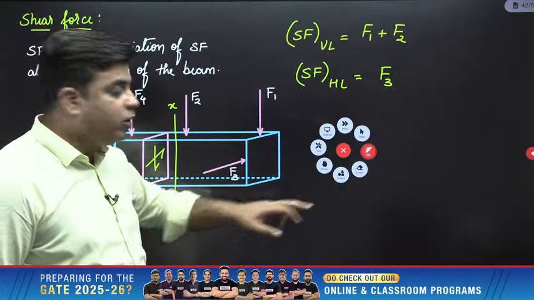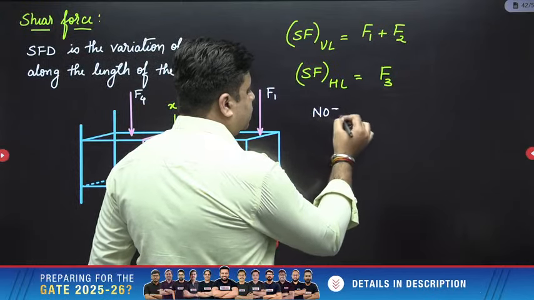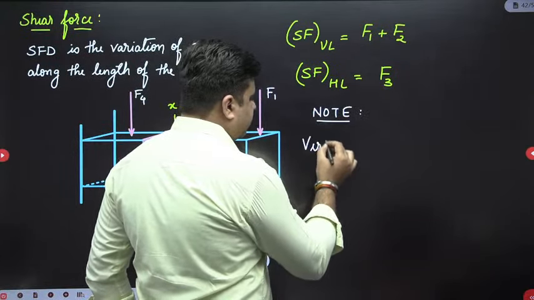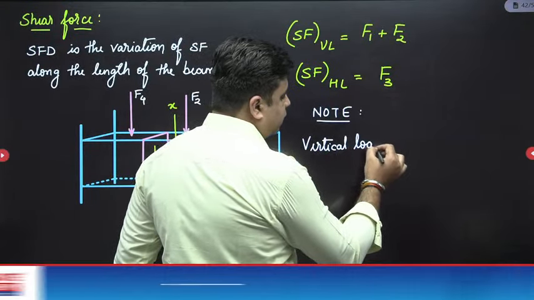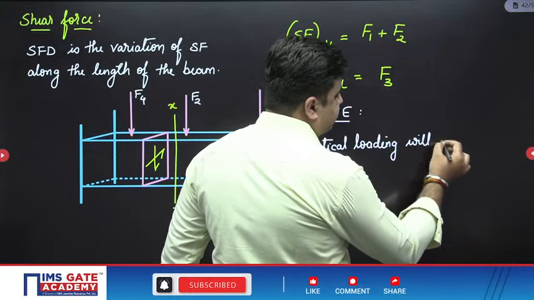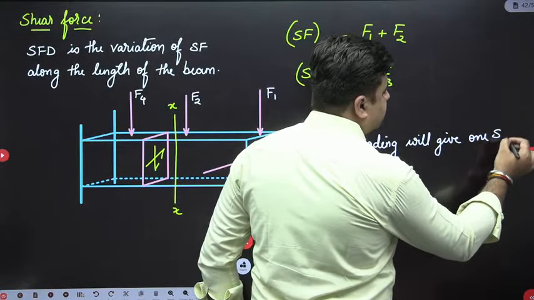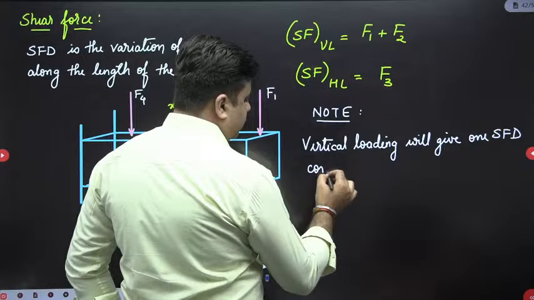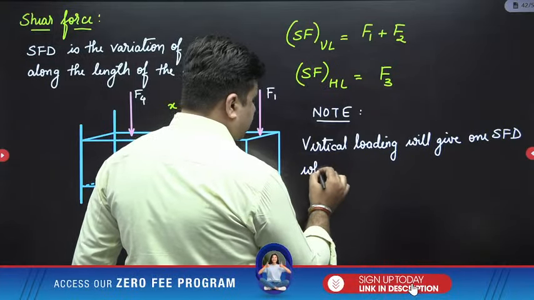So what is the important point here? Write a note and keep this with you. Vertical loading will give one SFD, considering only vertical loads, where only vertical loads are considered.